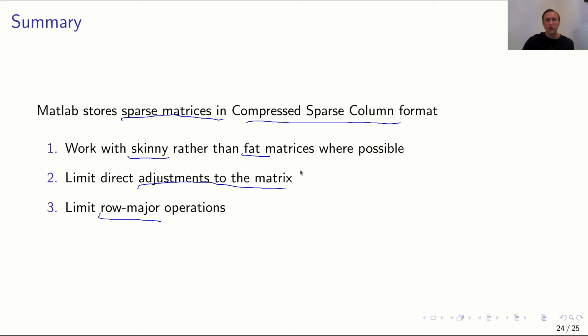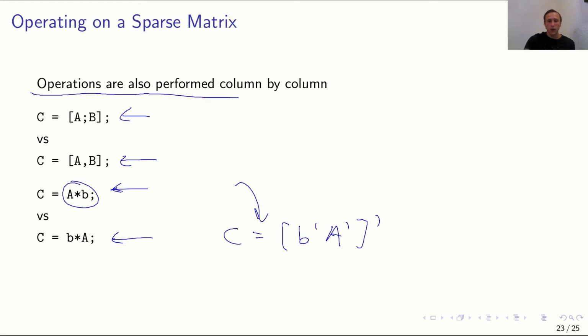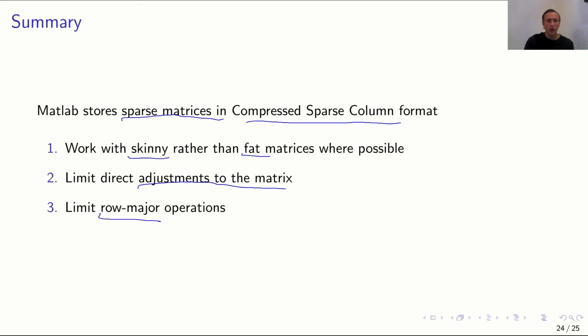So the arithmetic in Matlab is quite efficient. However, if you can look for alternatives like this one, they may be cheaper than, say, the row major operation over here. Though, of course, always keep in mind that it may also not be cheaper. So it's worth looking at alternatives, but it's not always going to pay off as well.